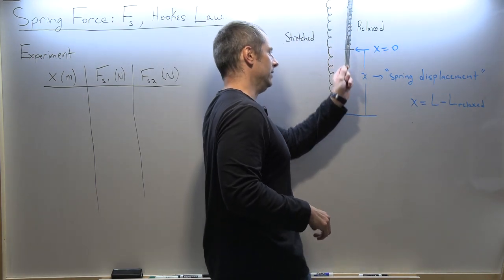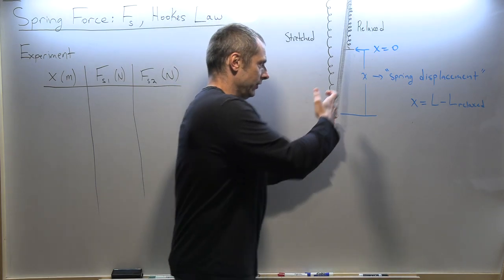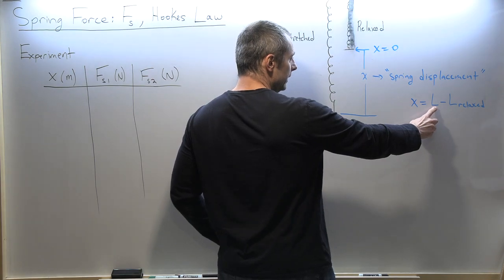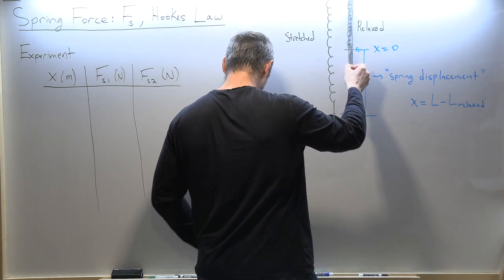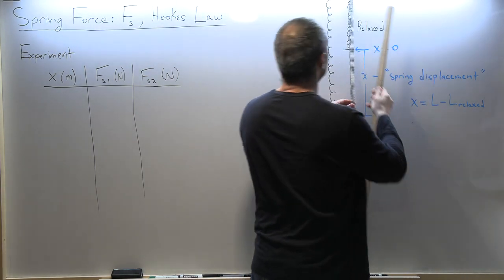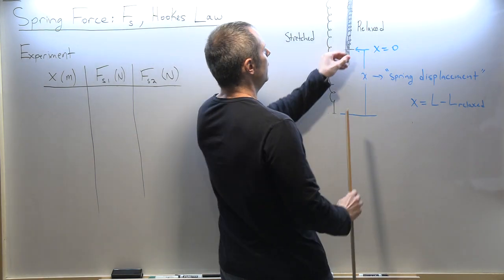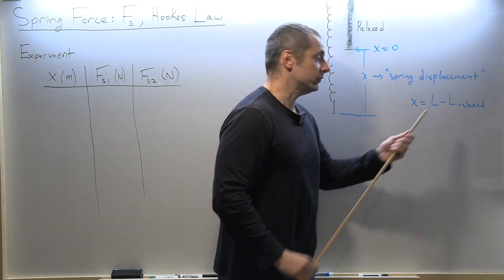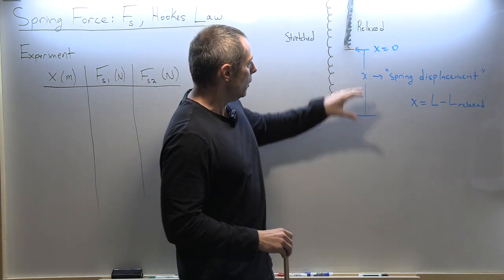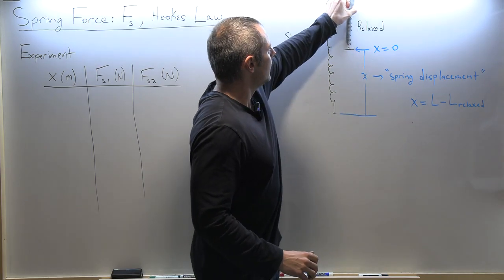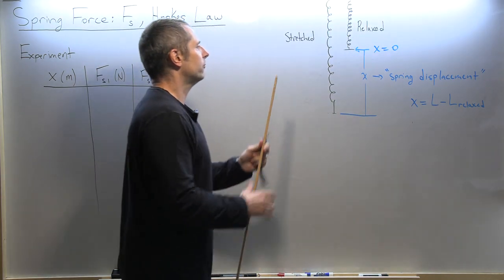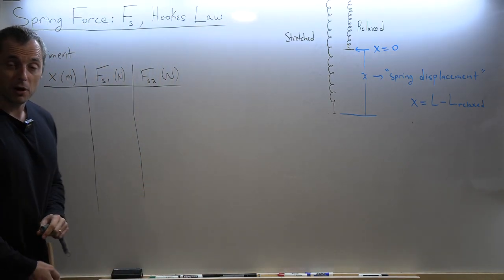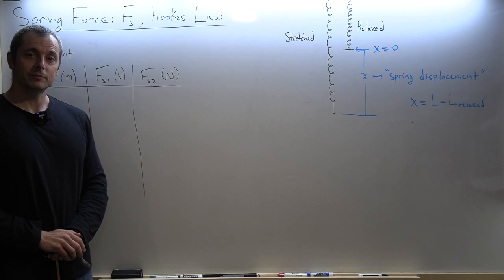How much you displace it from that equilibrium, that's x. And if you wanted a mathematical expression, it's the total length of the spring. Like if I measured this as 50 centimeters and then it was 20 centimeters, then we would have 50 minus 20, or 30 centimeters would be the displacement. So jot this diagram first in your notes, defining spring displacement under the title.